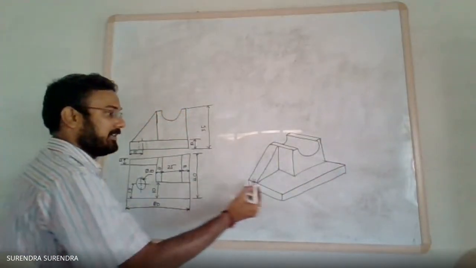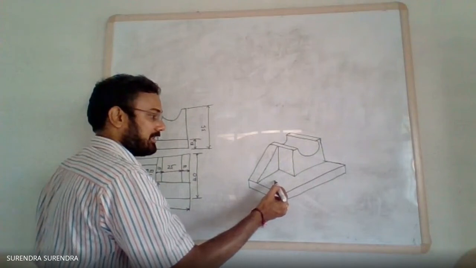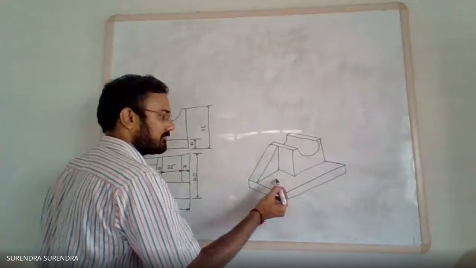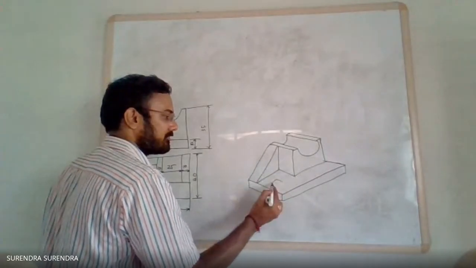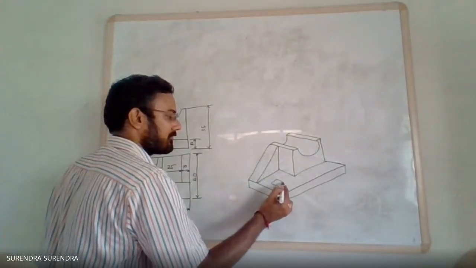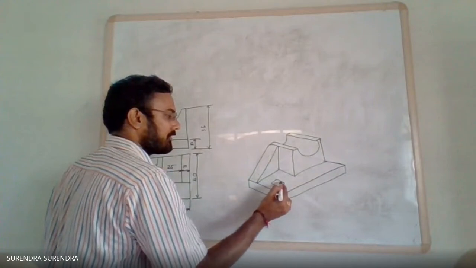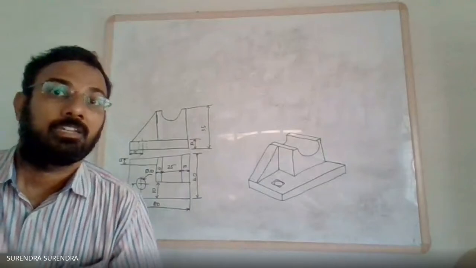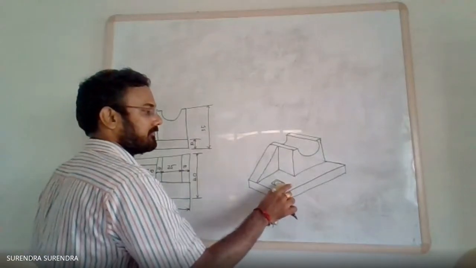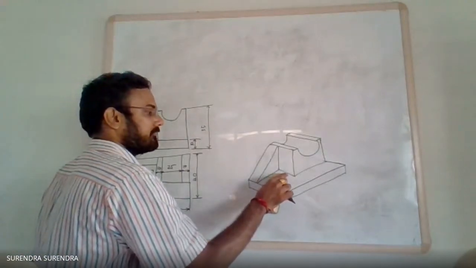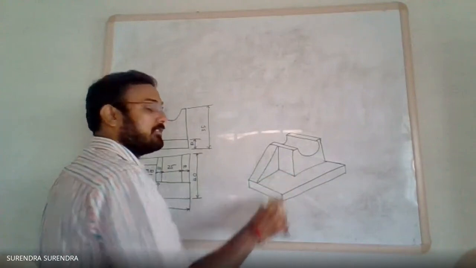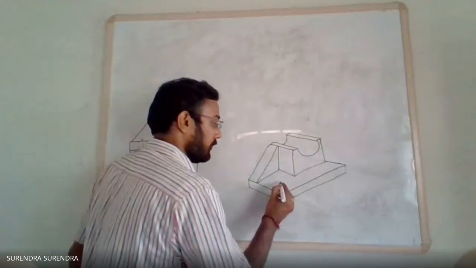And at the same time here 10 mm side to square construct chesi again a circle. So circle ekka draw cheyalsi vachina we must use the 4 center method.